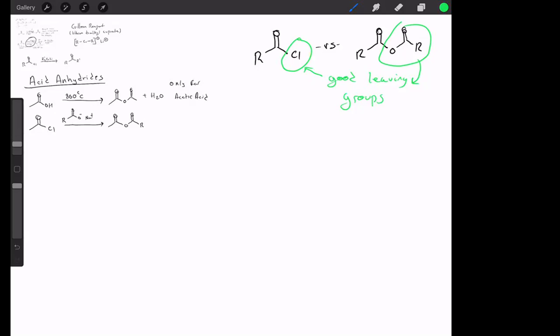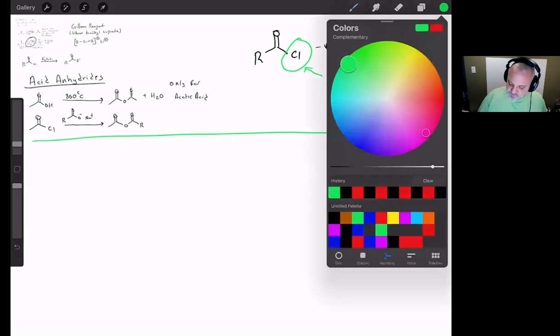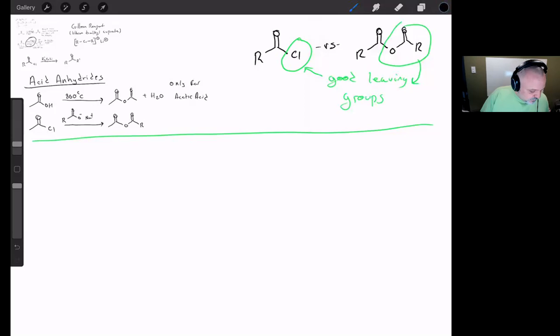They literally are the same reactions. So it's not that you have to know a bunch of new reactions. It's that they're all the same. And so what I'm going to do is just rewrite the same reactions that we just covered, so you can see what I'm talking about.